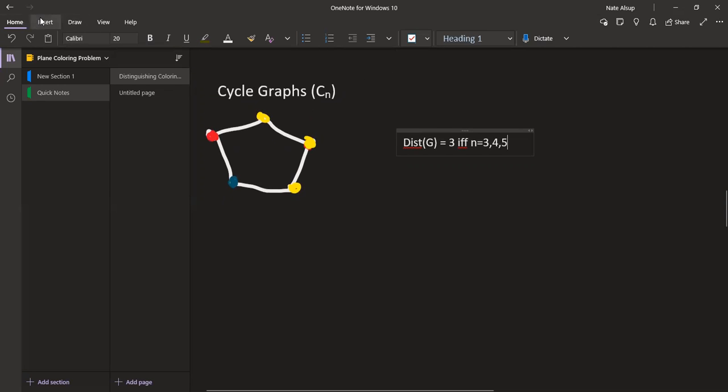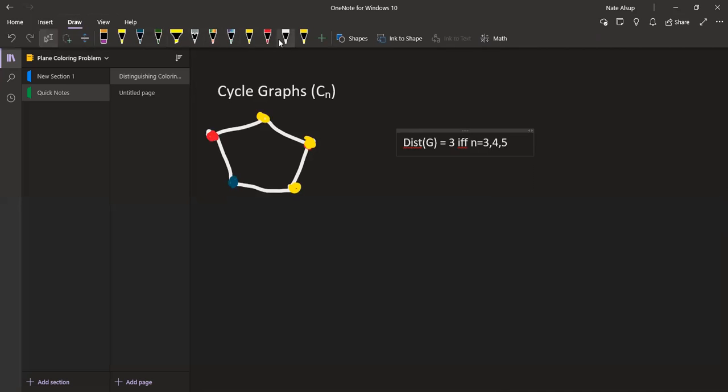Also for cycle graphs, we're going to do a C6. Let me draw a C6 real quick. All right, there's my C6.